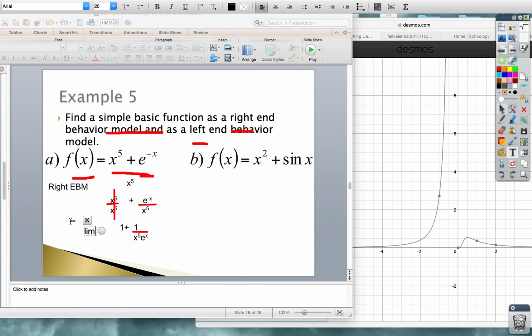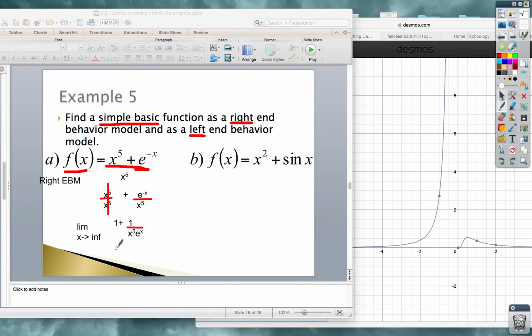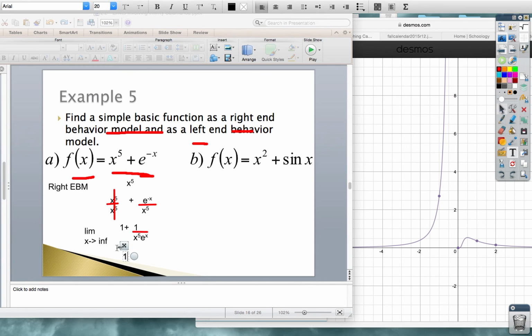And if we look at these as the limit as x approaches infinity, you'll notice that the 1 is going to stay the same. That limit's going to be 1 no matter what. But for the second piece, as x approaches infinity, the 1 divided by x to the fifth e to the x is going to become closer and closer and closer to 0. Therefore, we got our right end behavior model, which is 1.